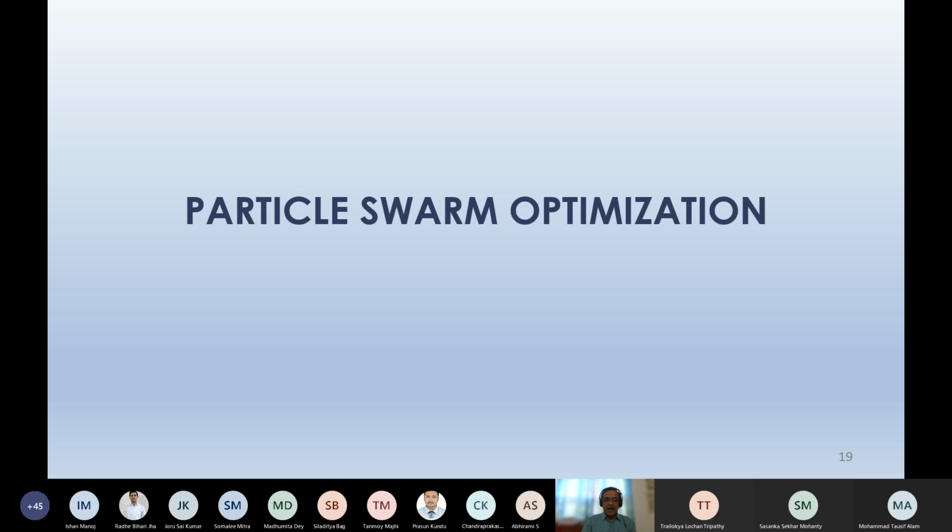It is a swarm of particles, a group of solutions, a group of individuals. Although this is called particle swarm optimization, it is actually a swarm of particles and they are optimizing. Are you getting my point? Swarm is nothing but a group. So a group of particles, a group of solutions.